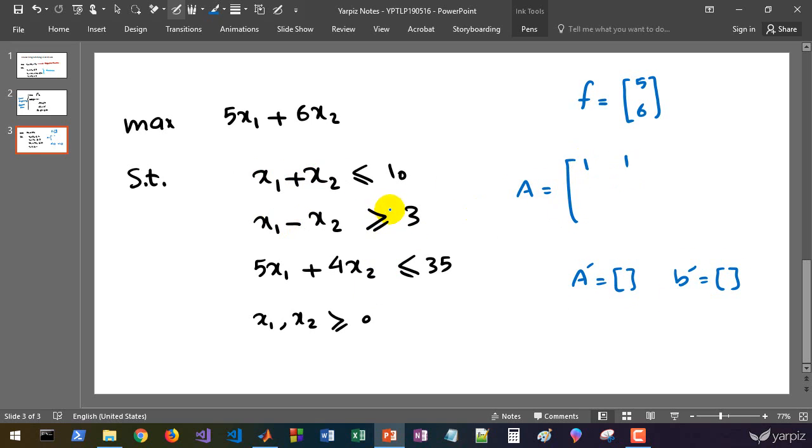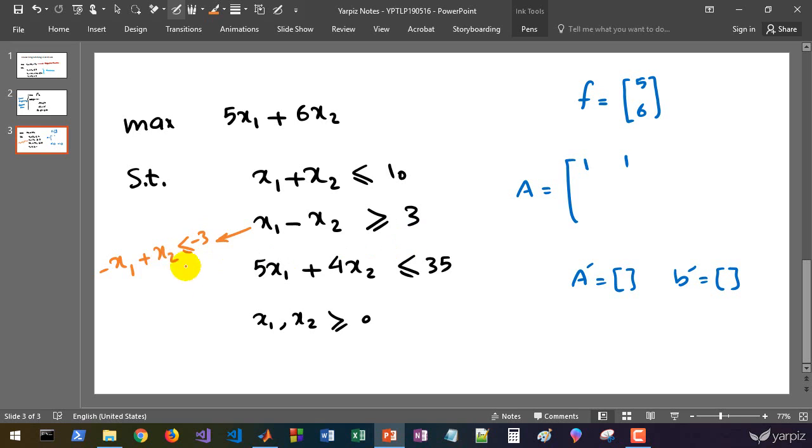And note the direction of this inequality, and this must be converted to the form of smaller than or equal to something. And we should rewrite this as minus x1 plus x2 less than or equal to minus 3.